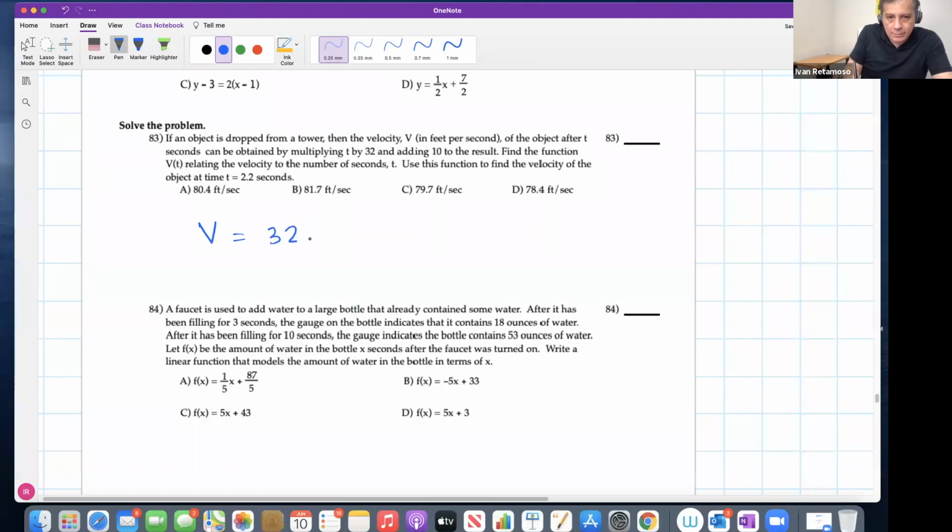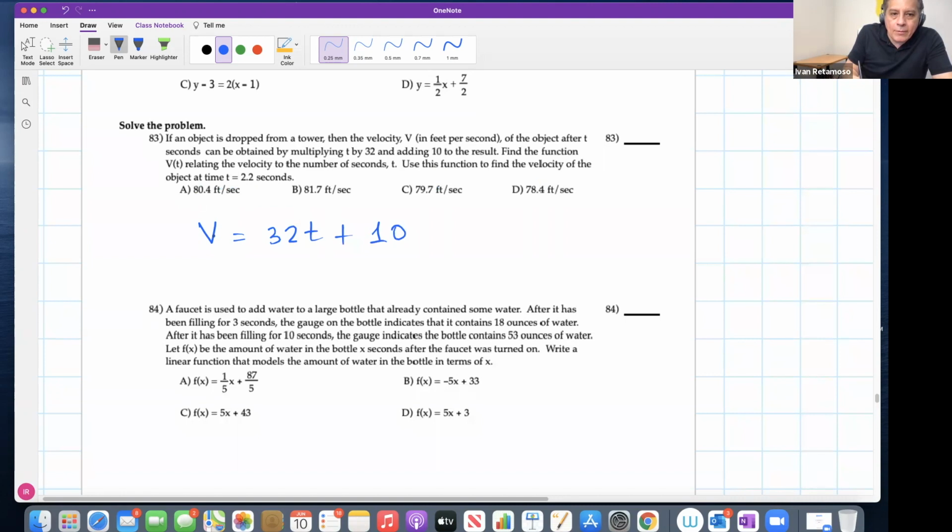So 32 gets multiplied by t and adding 10 to the result, plus 10, right? So this defines this linear function. Find the function v of t relating the velocity to the number of seconds t. This is it, right? This is the formula, the linear function. And they say use this function to find the velocity of the object at time t equal to 2.2 seconds.